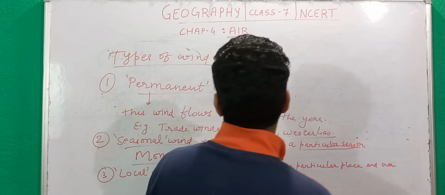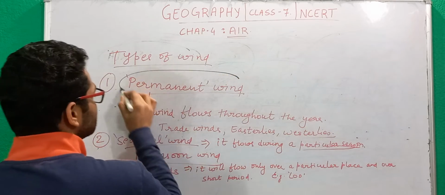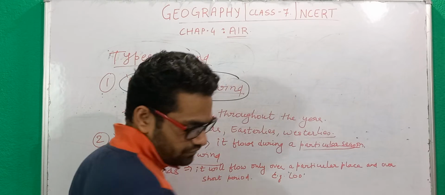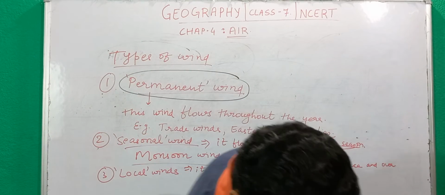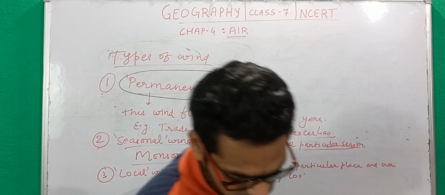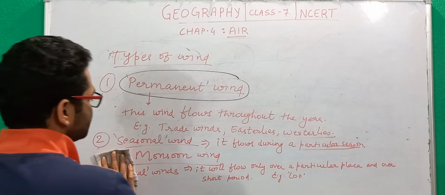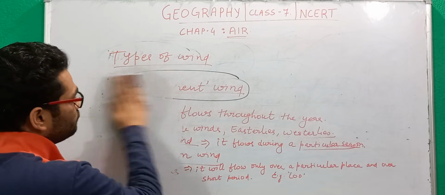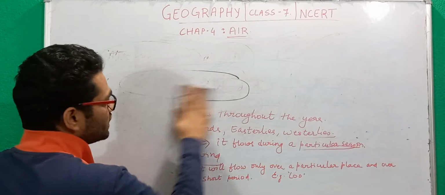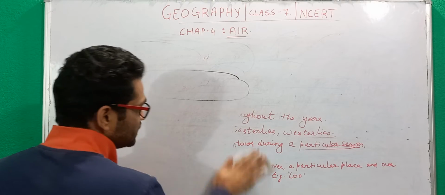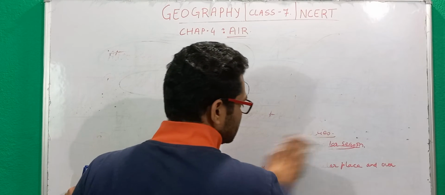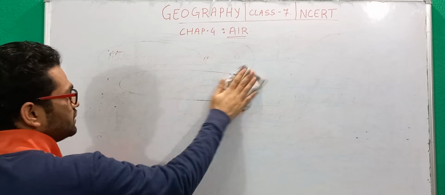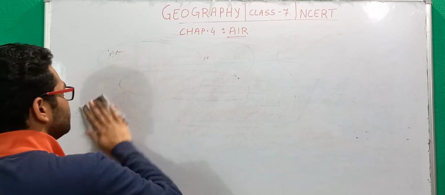Now try to understand the permanent wind in some detail, and for that we have a topic called pressure belt and wind system. In this pressure belt and wind system, we will try to understand the nature of permanent winds that we have. We have talked about the trade winds, the easterlies and the westerlies.